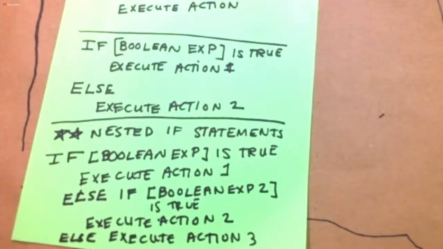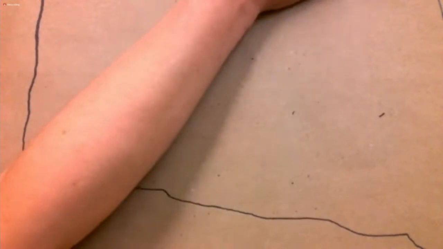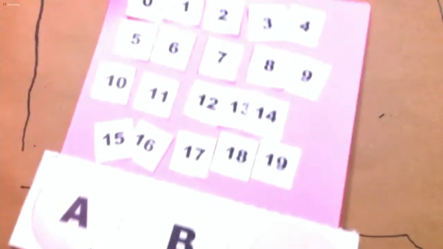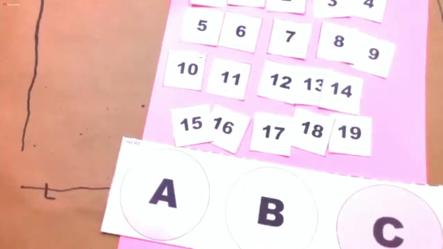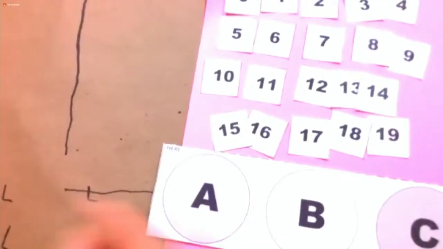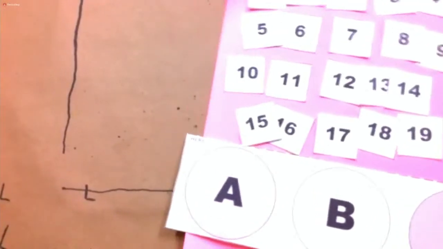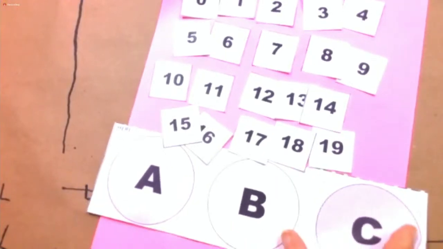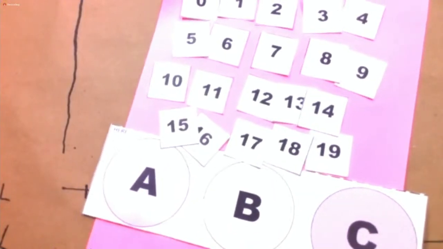All right. So then what we're going to do is I'm going to ask you to take out your first set of cut numbers and your first set of little bins. So bin A, bin B, and bin C. And then your numbers 0 through 19.